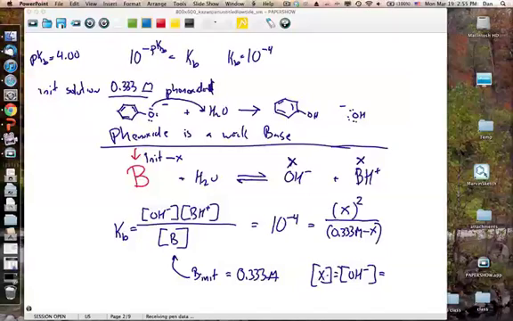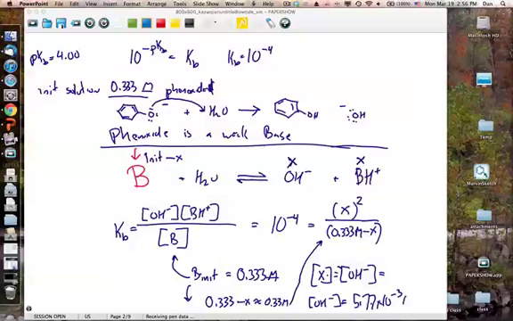But because this is a weak base, we can use the assumption that 0.33 molar minus X is approximately equal to 0.33 molar, plug that value in, and rearrange and solve. We get 5.77 times 10 to the negative third. Yay! All right. Except no.